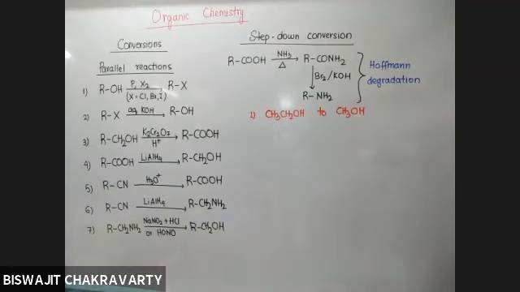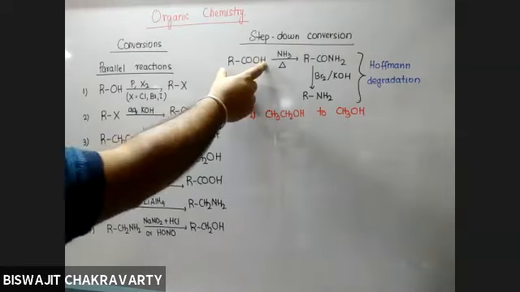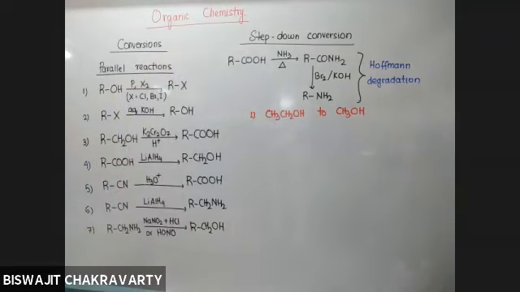Just as during step up, what was our main aim? Can anybody tell me? During step up, the given compound has to be somehow converted to what? Alkyl halide. But now what should be our main aim to step down? The given compound should be converted somehow to carboxylic acid.